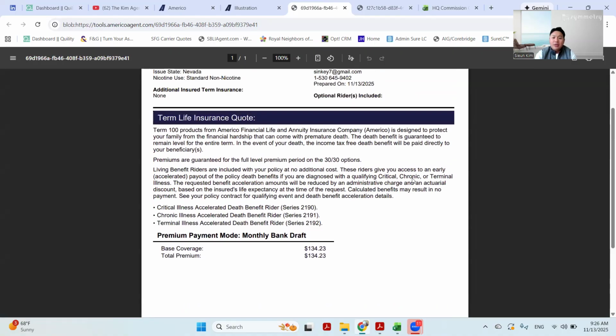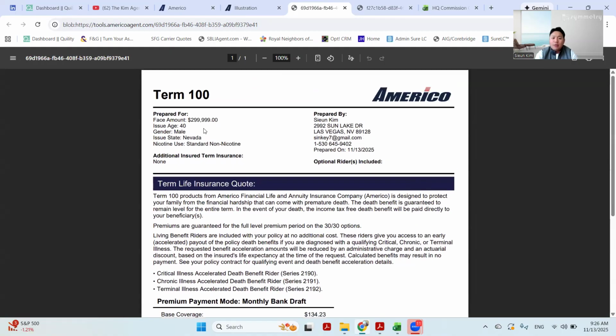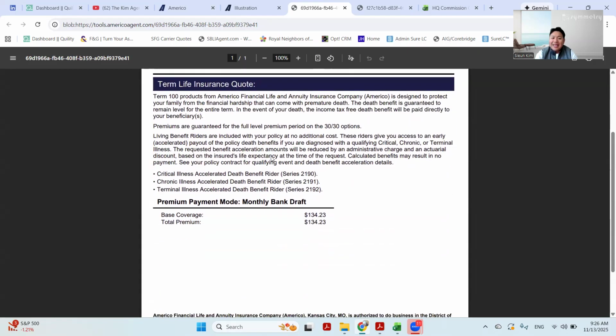Okay. So here, take a look at this. This one, 300,000 for a 40-year-old male is 134 a month. It's $30 more, but it comes with critical illness, chronic illness, and terminal illness included. So if the client has a heart attack, stroke, cancer, if they were in a long-term care situation, organ failure, things like that, then the family can get the death benefit up front as a living benefit.